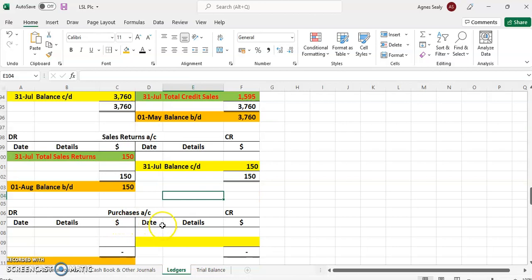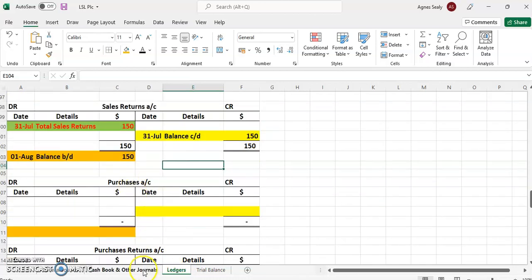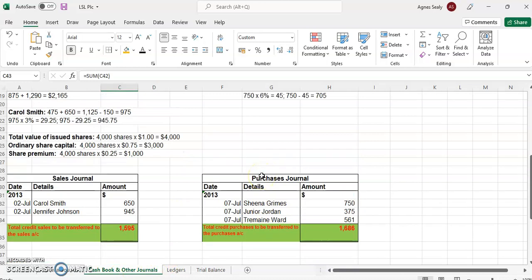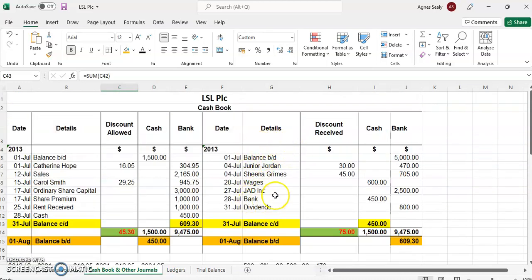So then we are going to look at our purchases and pick up that total as well. In our purchases account, we're going to look at our total credit purchases, which is $1,686. We already transferred the individual amounts to these accounts in the purchases ledger. So we are now transferring the total to the purchases account in the general ledger. When we're looking at the purchases account, you have to look to see if there were any cash purchases, and you will find cash purchases on the credit side of the cash book.